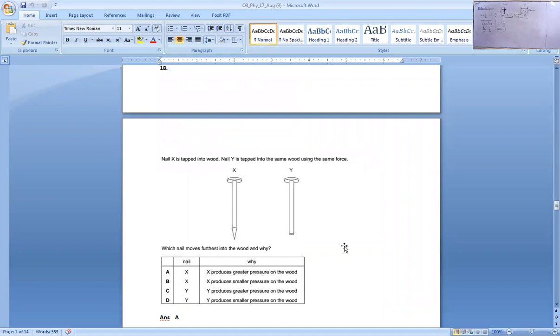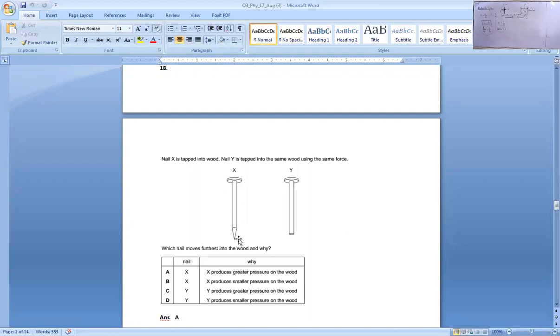Number 18, nail X is tapped into wood, nail Y is tapped into the same wood using the same force. Force is same, but the area of the bottom of the nail is different. So X has a smaller area, it will cause more pressure. X will cause more pressure because its area in contact with the wood is smaller, so it can penetrate easily.